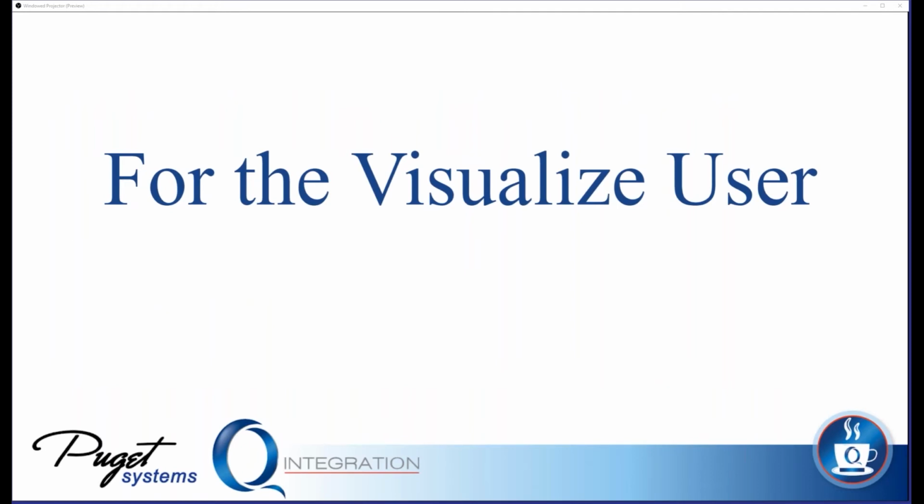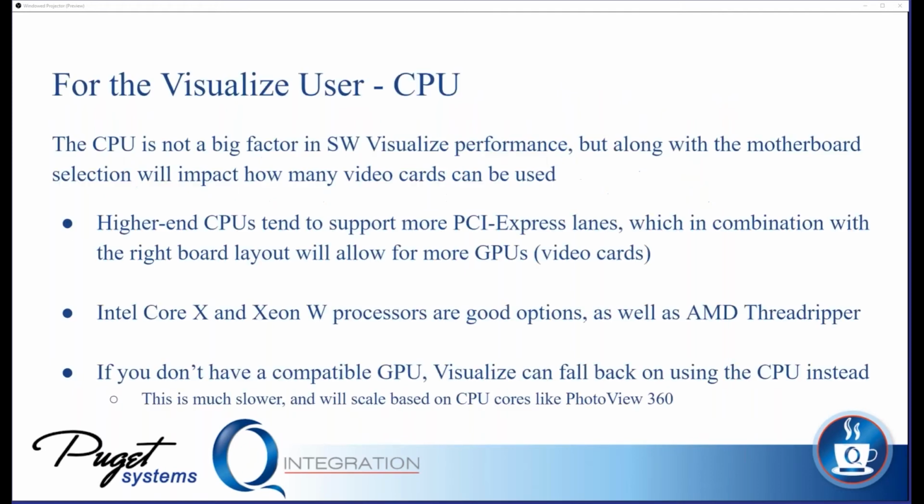And then lastly, for folks doing Visualize, it doesn't use the CPU very heavily. It has a mode where it can, kind of a legacy mode where it'll use the CPU for rendering, but the main focus with Visualize is using the video cards to do the heavy lifting instead. So the primary emphasis is actually on getting a CPU and motherboard that have a lot of PCI Express lanes so you can put in multiple video cards.